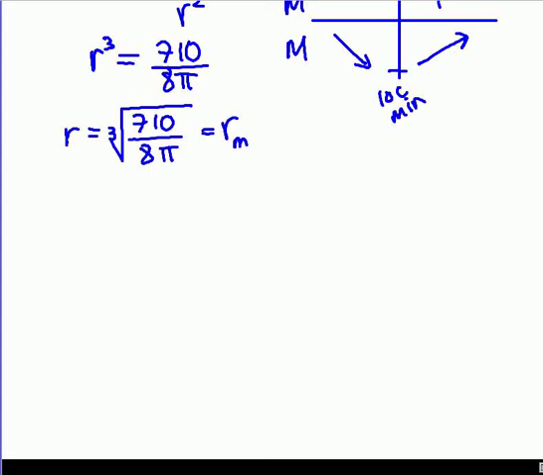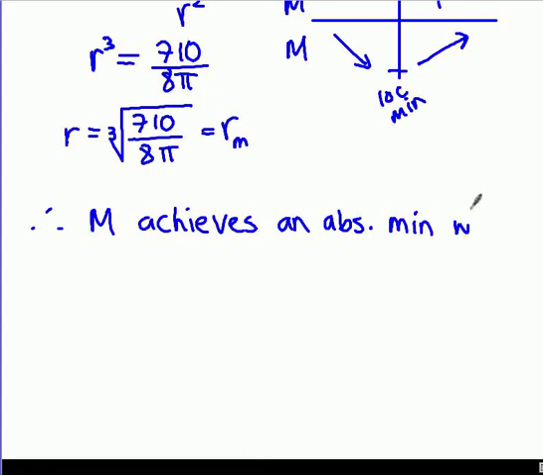I know that the derivatives must have gone this way for that to be true. And I can now justify my answer, and I can say, therefore, m achieves an absolute minimum when the radius is our critical value, r sub m.